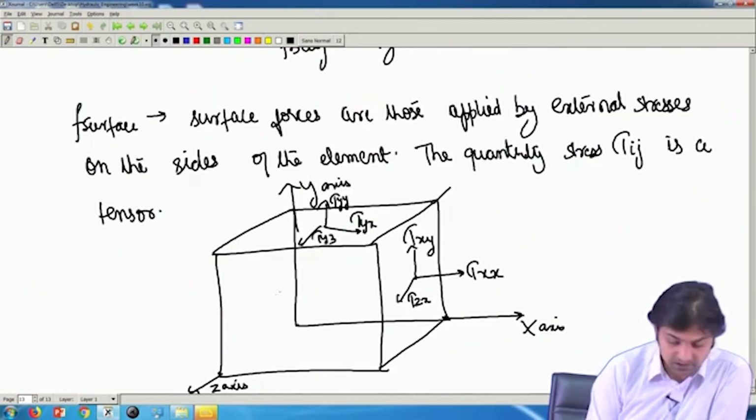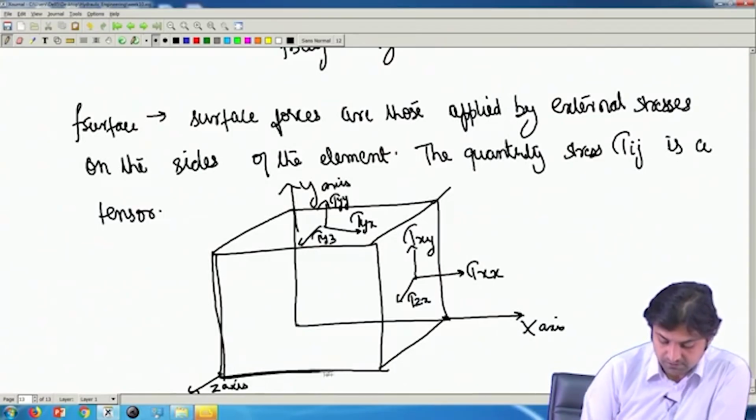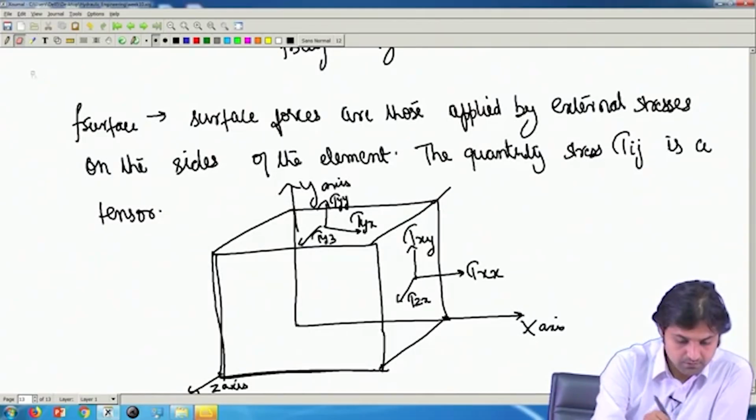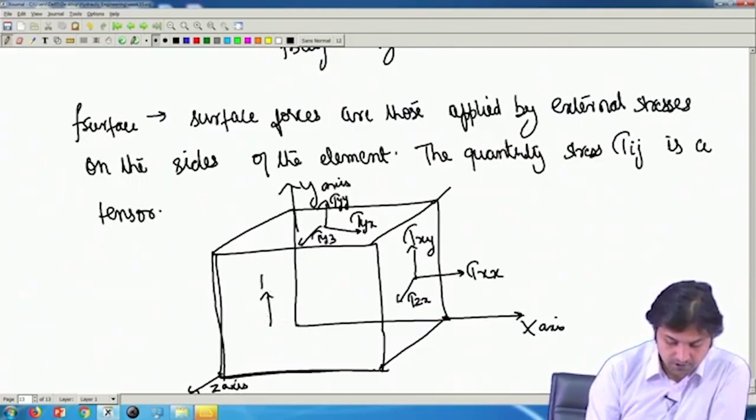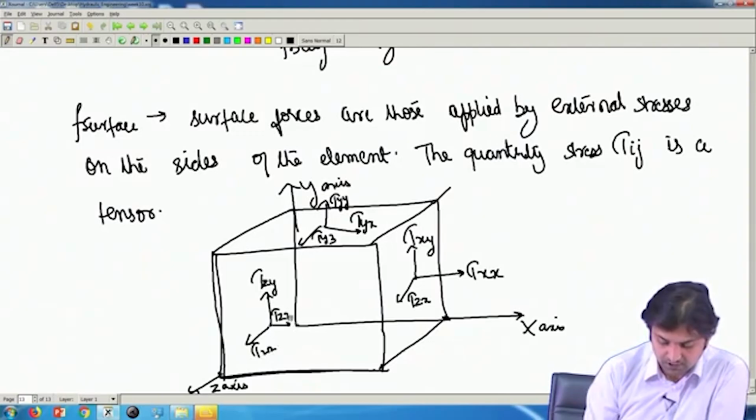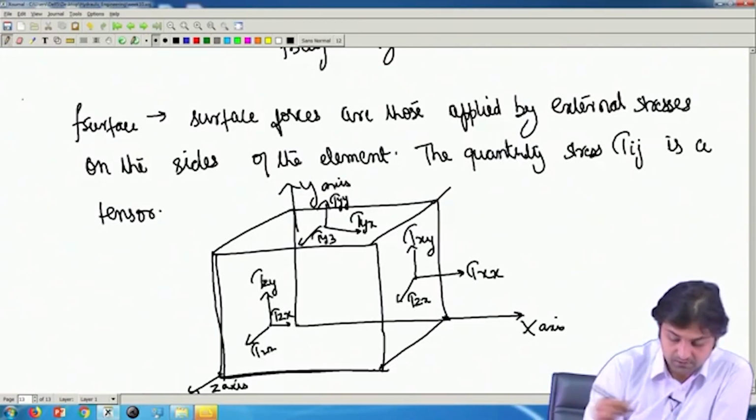On this z surface it's going to be tau zy, tau zz, and this is tau zx because it's in the x direction.